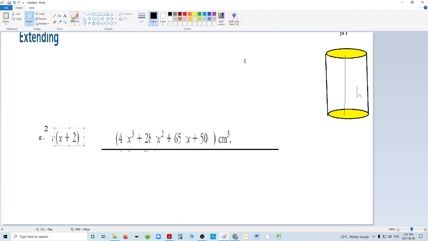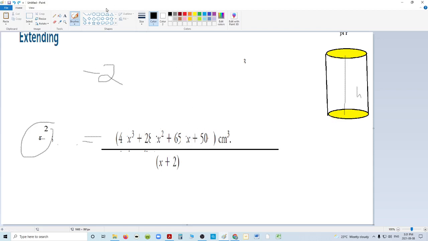So the next step is we have this times that is equal to that volume. To get r squared all alone, I have to divide both sides by x plus 2. It disappears on the left when I do so. So r squared is going to be equal to this divided by that. Well, I can use synthetic division because that's a nice x plus 2. I'm dealing with a minus 2. Do I have x cubed, x squared, x, and 50?